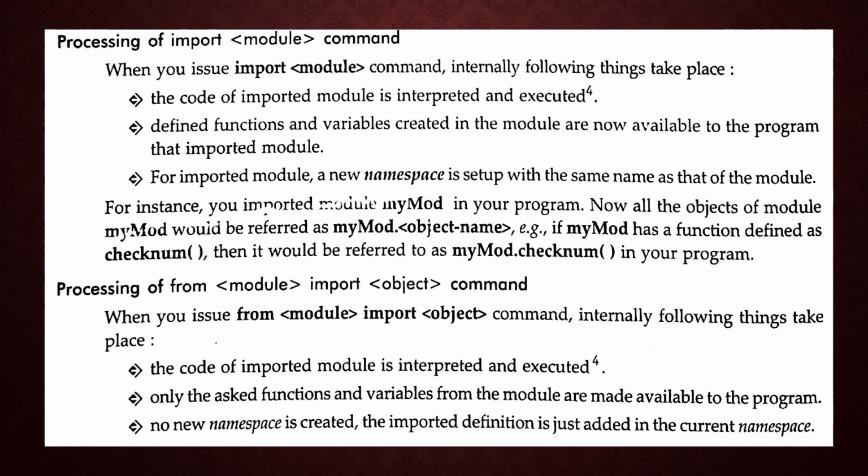That means square root function, sine function, absolute function. So those functions are available to that program. For an imported module, a new namespace is set up with the same name as that of the module.